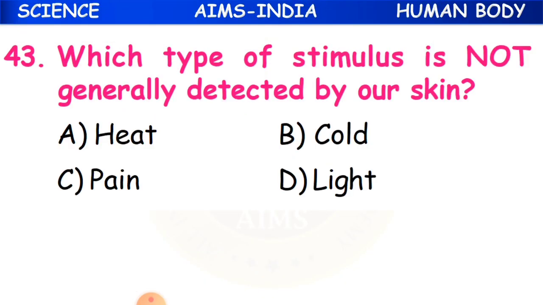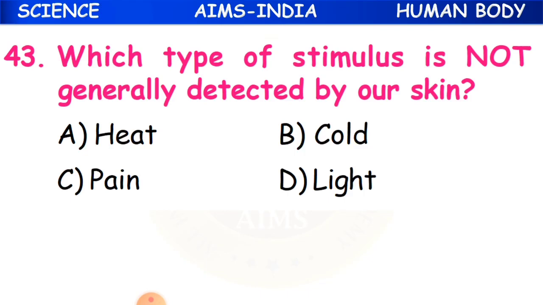43rd question. Which type of stimulus is not generally detected by our skin? Stimulus. So just now we learnt that it causes a reflex action. So which type of stimulus is not detected by the skin?